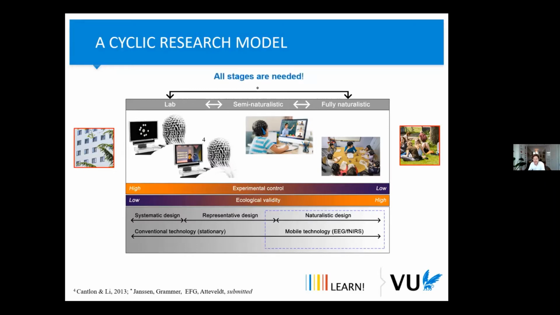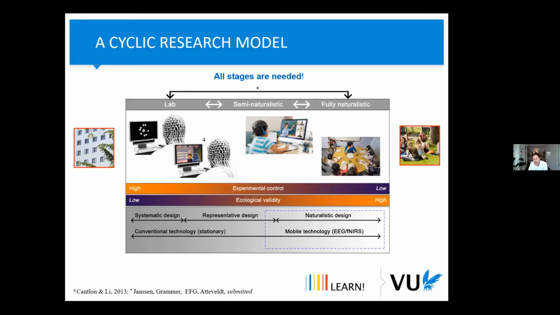And I want to emphasize that all these stages are needed in educational neuroscience. We need lab-based studies because they are really good at isolating specific cognitive functions under very controlled circumstances.